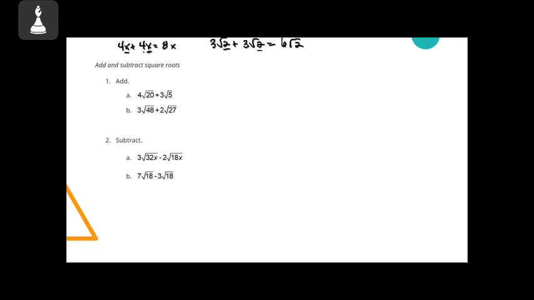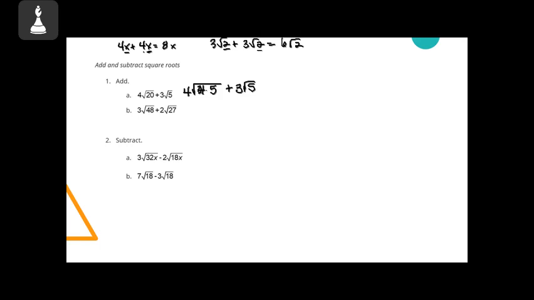Looking at the first one, we have 4 root 20 plus 3 root 5. In order for these to be like terms, they're both going to need to have the same square root. So 20, I know 20 is 4 times 5. So if I rewrite that as 4 times the square root of 4 times 5 plus 3 root 5, I can do the square root of 4 and get 2.